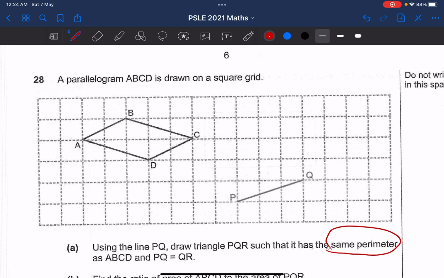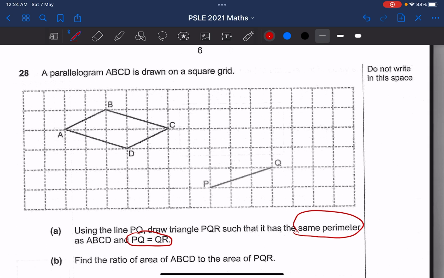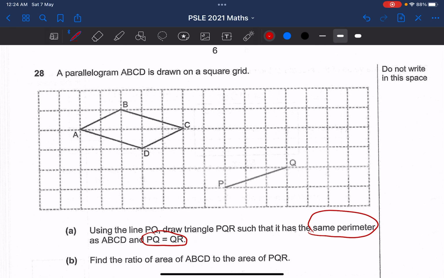In fact, it is impossible to count the perimeter because they are not even straight lines. They are diagonal lines if you look at it. Okay, but there's a clue given. It says that PQ must be equal to QR. Now, I please beg all of you, if there's a drawing question, you must do a sketch.